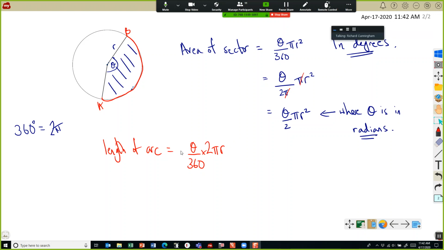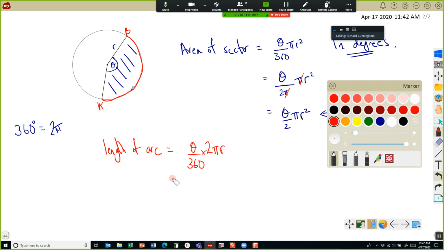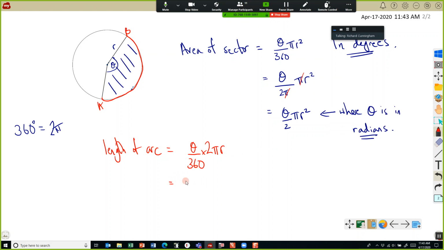We are now just working out what the formula would be if we are dealing in radians. So we said 360 degrees in radians is 2 pi. So what happens to 2 pi on the top and the bottom? They cancel, and I'm left with theta times r, good.